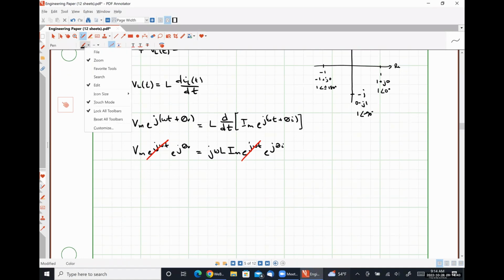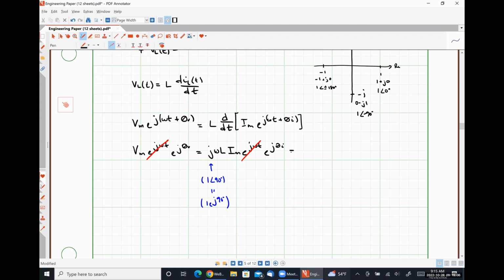So this j right here is the same thing as me multiplying by 1 angle 90 degrees, which is equal to 1 e to the j 90 degrees.